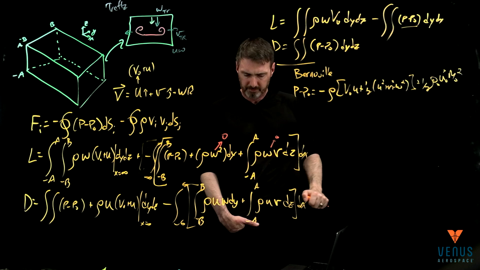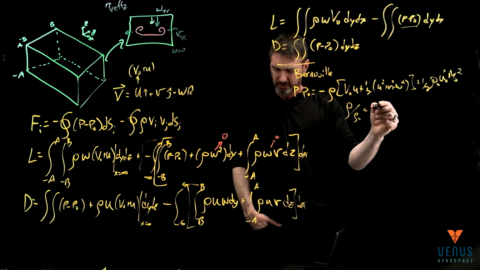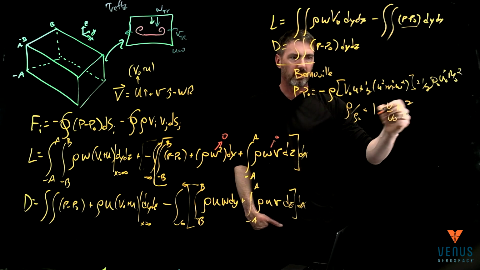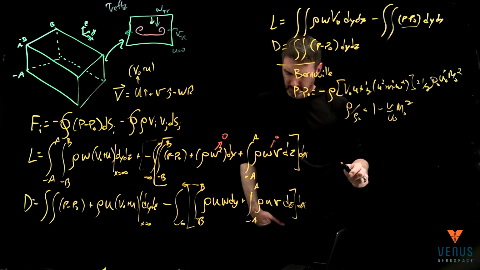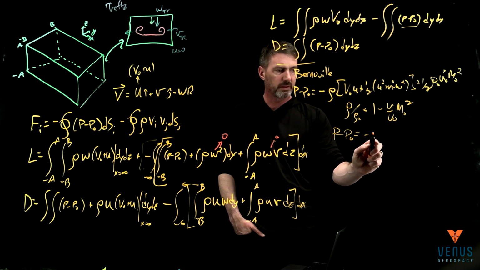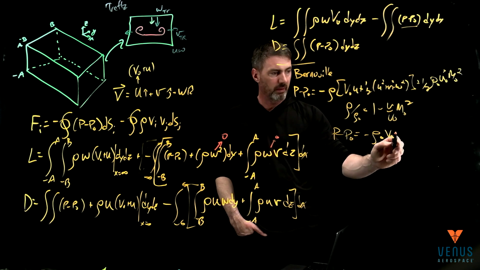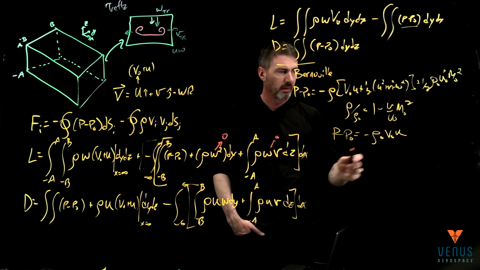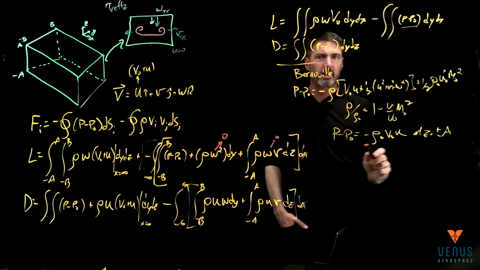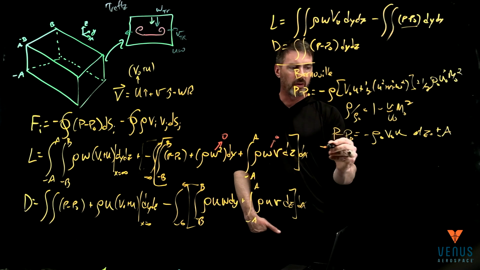So a Mach correction. And then also you have rho over rho0 is equal to 1 minus u over V0 Mach0 squared. And so if you plug all those in, you will then see that P minus P0 is just equal to minus rho0 V0 times u0 times u. Okay, and this is at z equal to plus or minus a. So with that, we can come back and then show our lift.